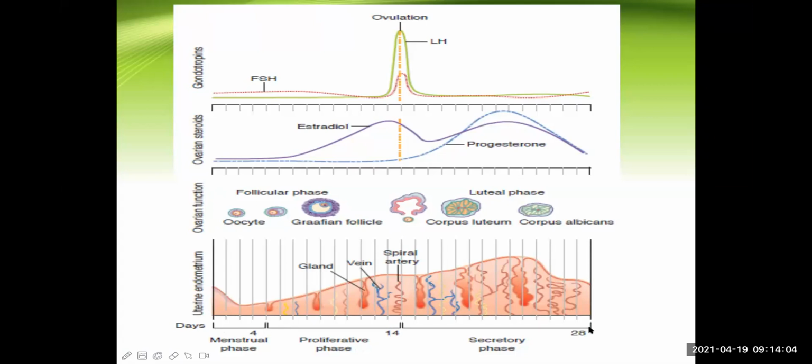They have taken a 28-day cycle here, so 14 days prior to menstruation is the ovulation day. Exactly on this day ovulation occurs. We can even guess when ovulation occurs in that lady, but remember the cycles should be regular. If cycles are irregular, then we cannot guess that.